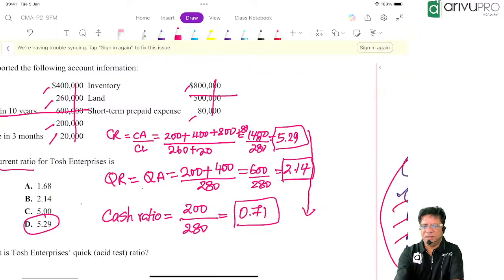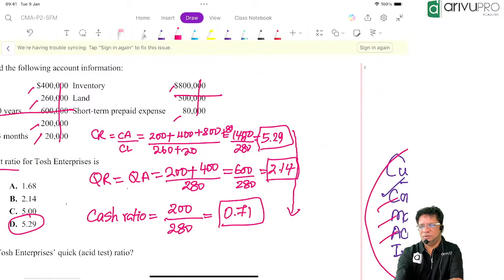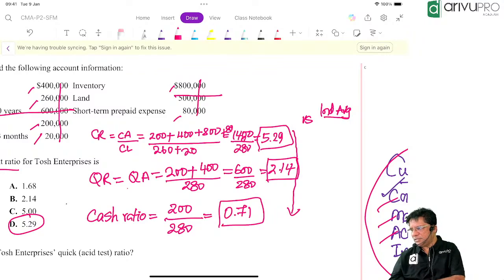For example, current year ratio to last year ratio, or this ratio versus how our competitors are doing, versus industry average. Only then can we talk about meaningful ratios.